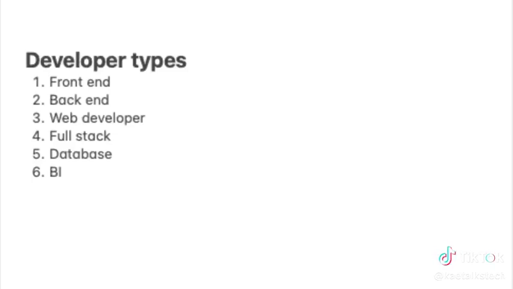Then there's a back-end developer. So when you see the data, that data has to get from the database to the screen. The back-end developer would take care of that and create what's called an API, application programming interface, to make that happen. When you enter data, that data has to get stored somewhere if it's something that needs to be saved, right?